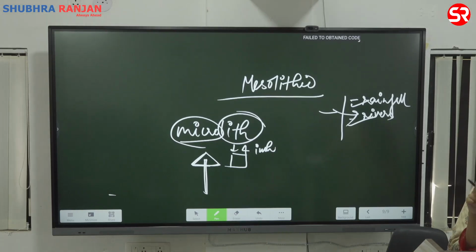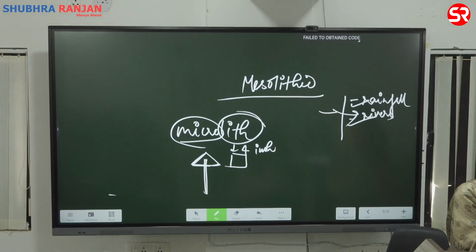तो टूल टेक्नोलॉजी करके लिखिए. Microliths in bracket, smaller tools, smaller stone tools or smaller tools.